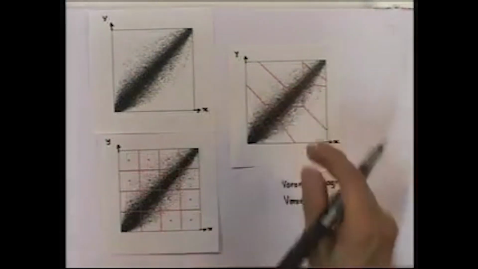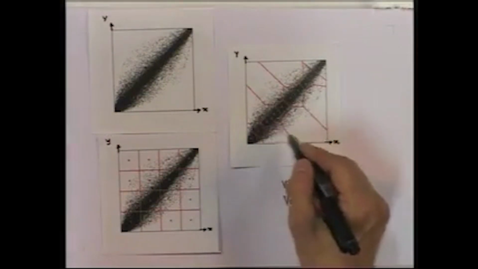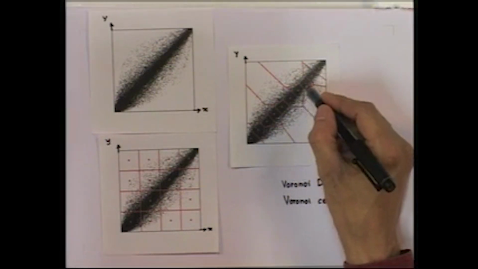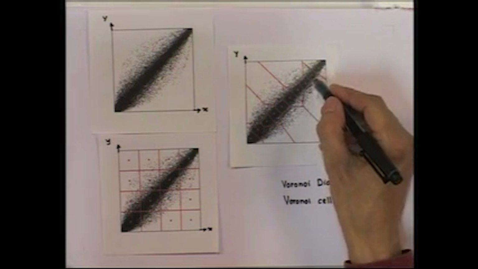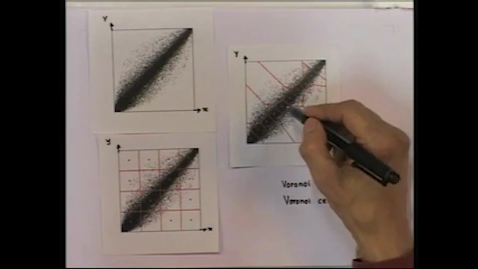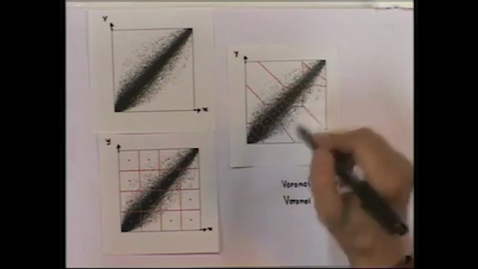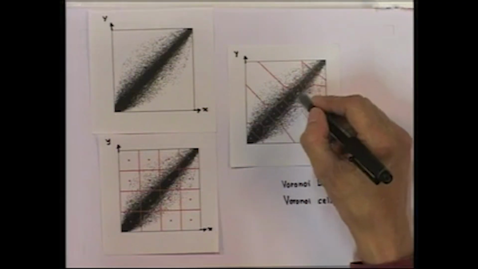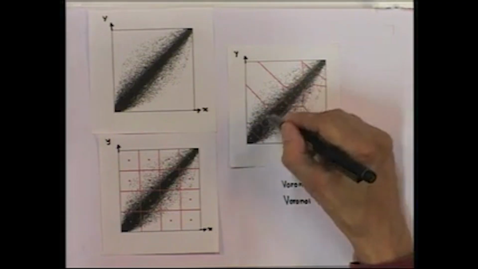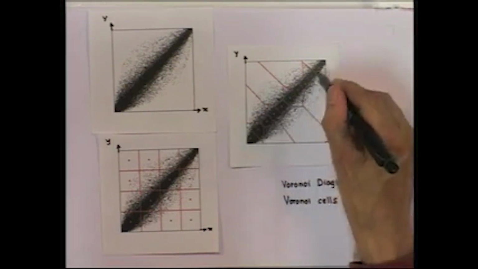You can see that in the case of vector quantization, the cells are smaller where it matters the most, that is, the quantization introduces small errors in the areas of the vector space where the input vectors are dense.